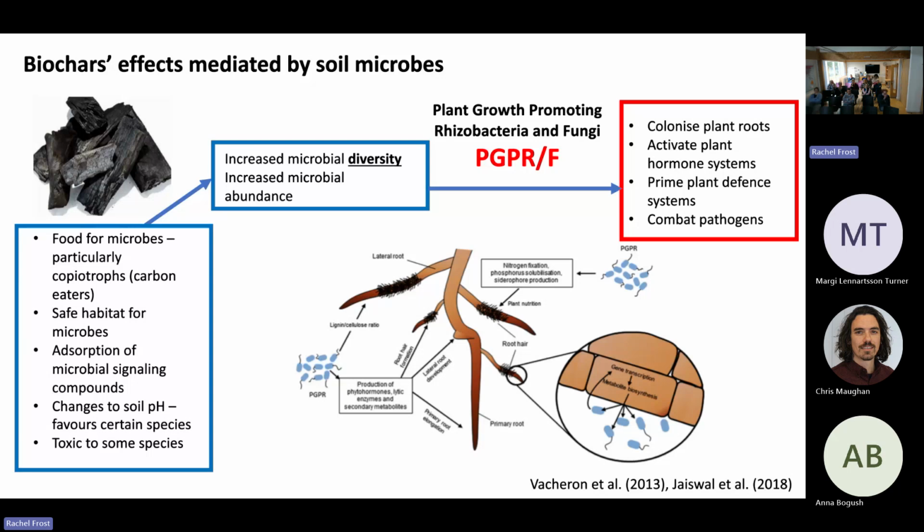And in doing this, they trigger the plant's hormone signaling systems, and that can improve plant growth, but it also primes the plant's defense responses. And that can help the plant be ready to fight against any infections across the whole plant. So it's not just happening at the roots, it's also happening systemically in the leaves and all parts of the plant.